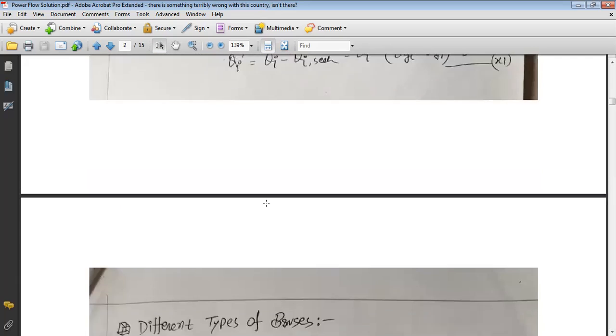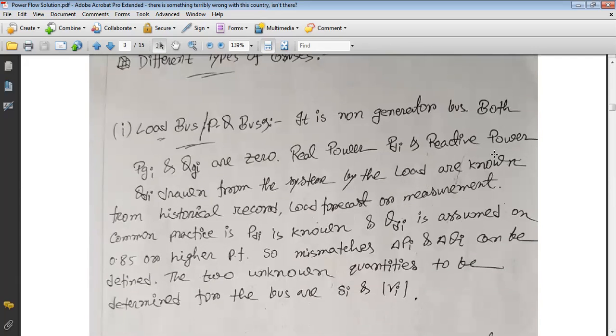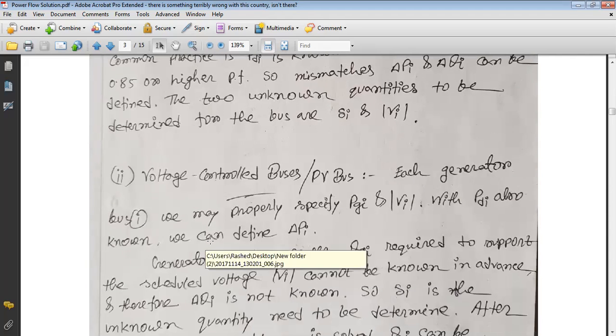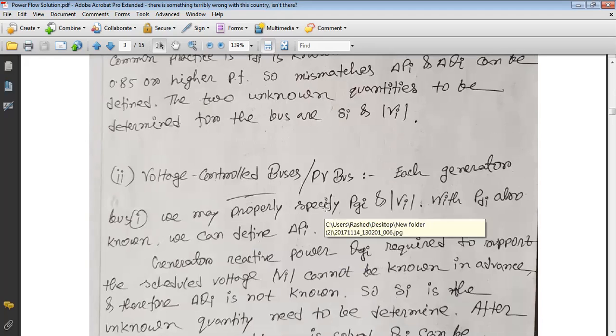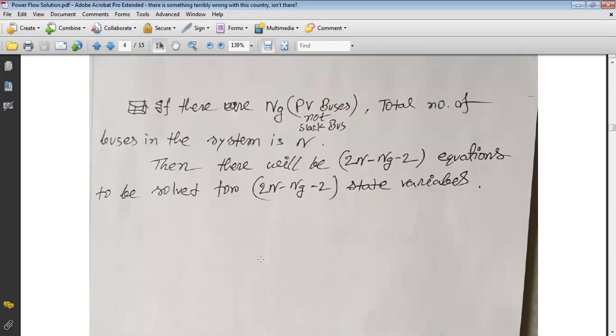Now we have to know the different types of buses. There are three types of buses actually. One is the load bus, another one is the voltage control bus, or PV bus, or generator bus, and another one is the slack bus or reference bus.